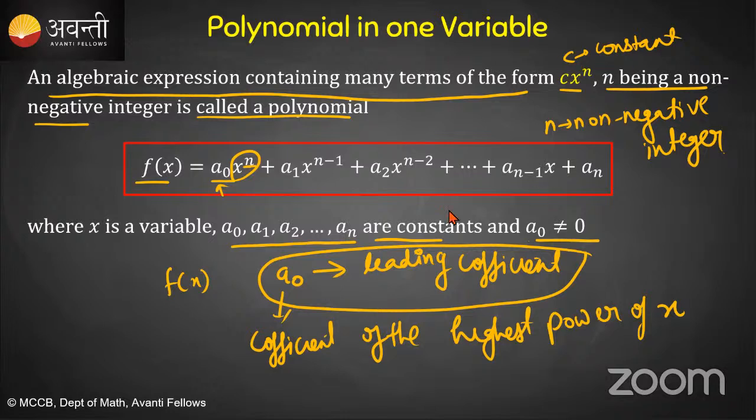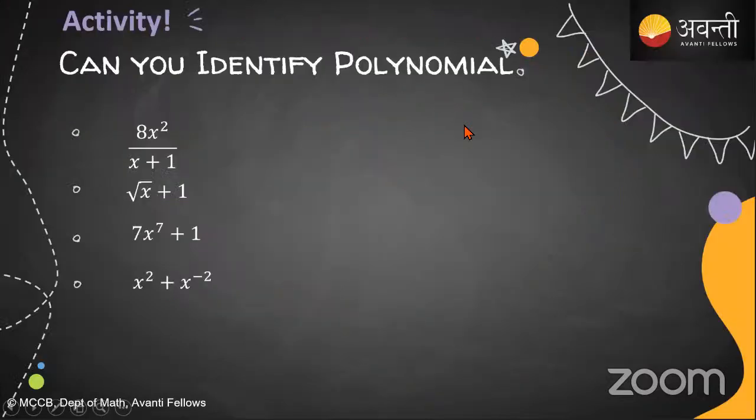Very simple. So now if I give you some examples, can you identify which of these are polynomials? It is very easy to identify, right? Tell me which of these are polynomial. First, second, third or fourth?